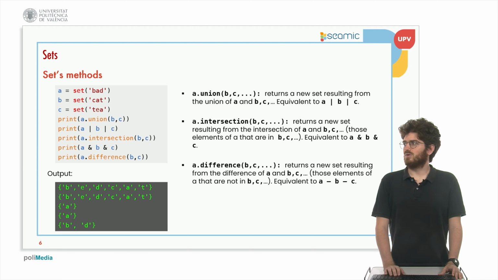Finally, we can compute the difference between sets, which means removing elements from a set that appear in a second set. And always, of course, we can concatenate these instructions to include multiple sets. So for example, we can perform the union of A, B, and C, or the intersection of A, B, and C, and so on and so forth.